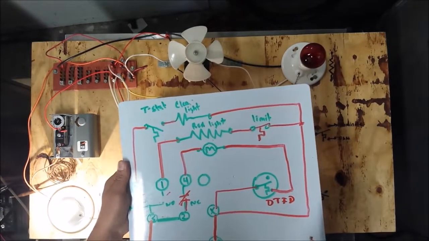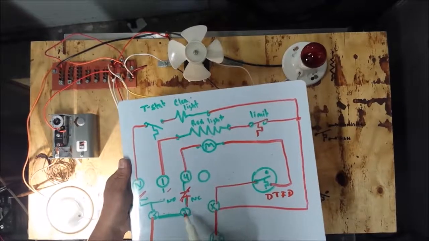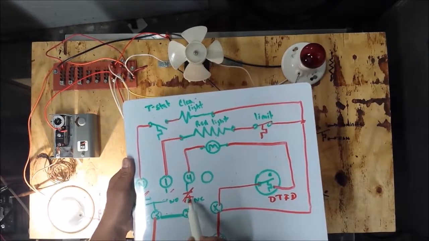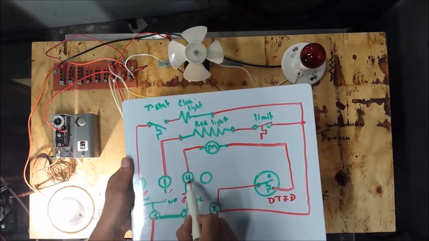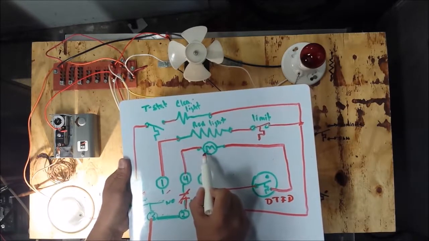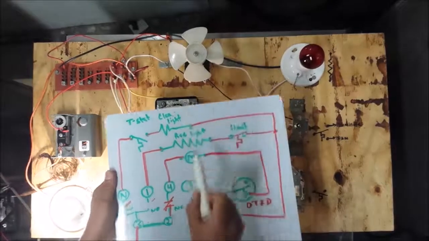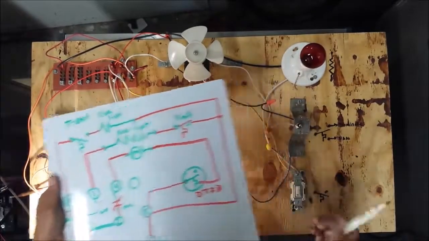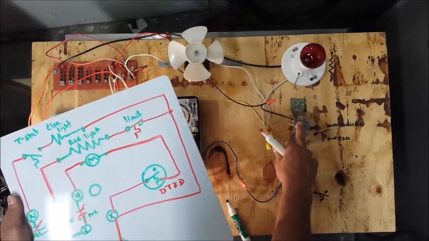Okay? So if we follow the circuit right now, we can see this L1 feeds through here, through our defrost time clock, through the normally closed switch, through terminal 4, to our fan motor. Fan motor is not running. So let's follow that circuit along. It comes through our DTFD, which is represented by this control here.